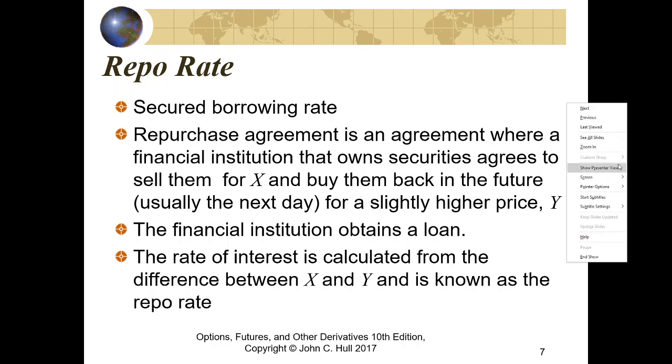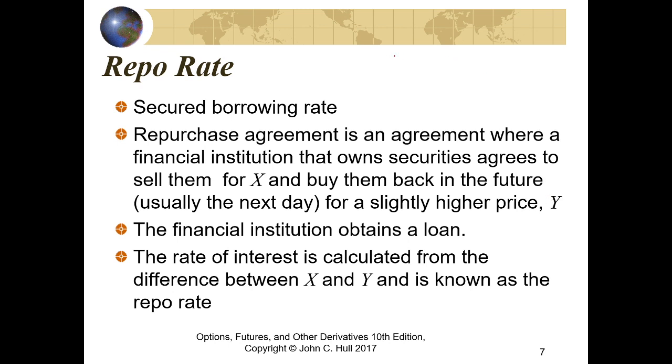Sometimes the party involved in the repo rate is the central bank. So we have here the central bank, and here a financial institution. The financial institution will sell the asset at X, and it will buy it back at Y. This again is the repo rate.